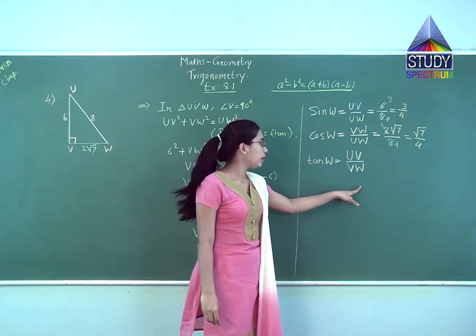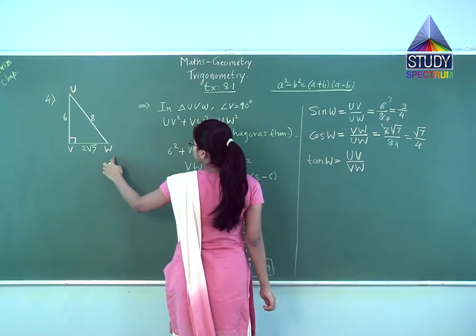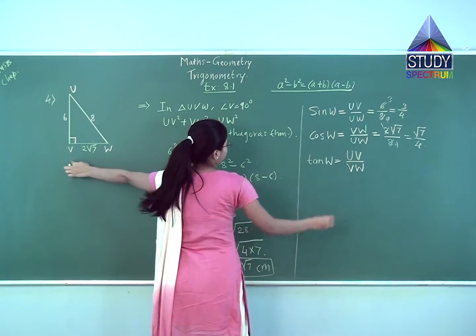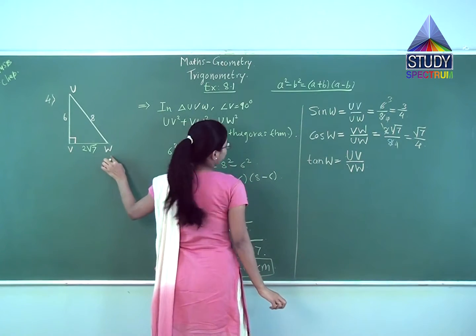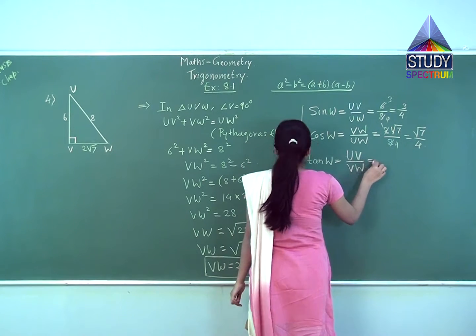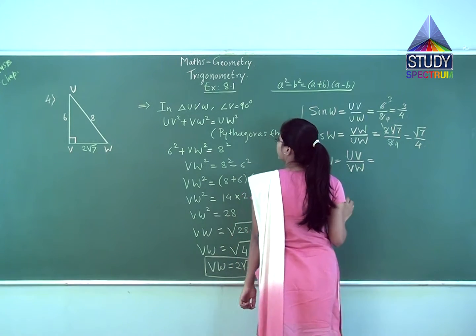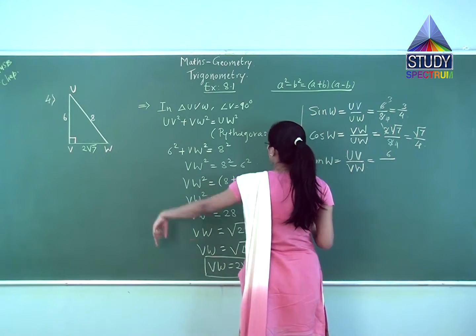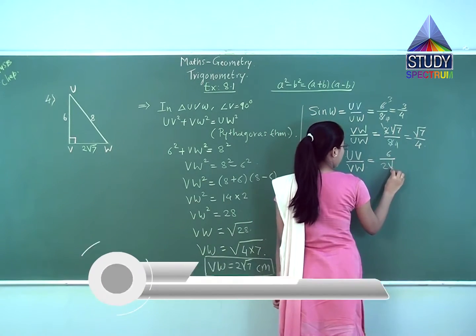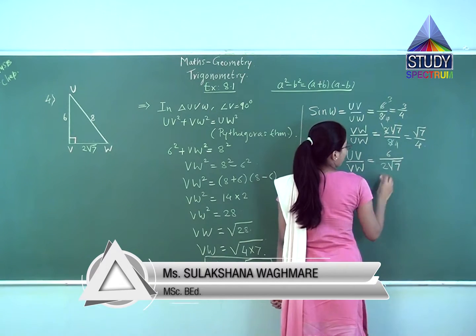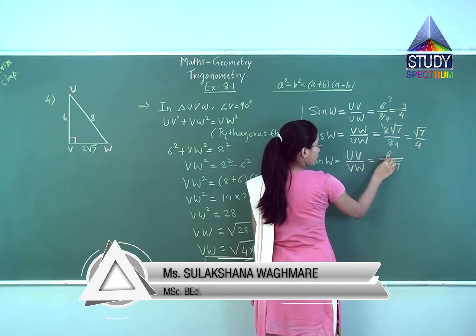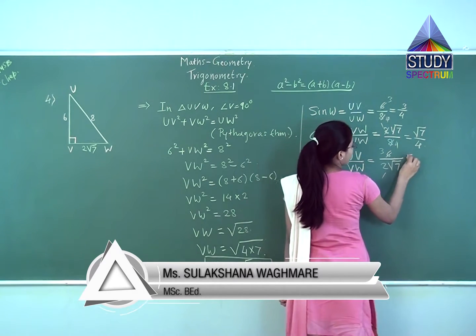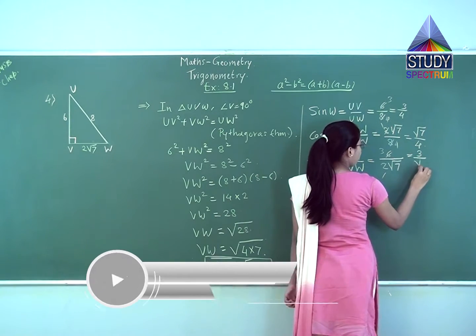Opposite side upon adjacent side. So opposite side is UV and adjacent side is VW. Now UV is 6 and VW is 2 root 7. 2 1s are 2, 2 3s are 6. So 3 upon root 7.